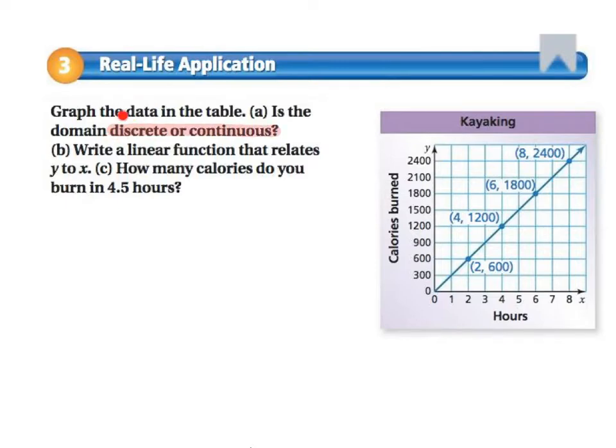I want to remind you guys, a discrete domain is when it's only certain points and there are gaps in between your points. Continuous is when it can be any value along the way. Since we see that the line is connecting through the dots, we know that this is a continuous domain. And remember, domain is just all of the x values that work.